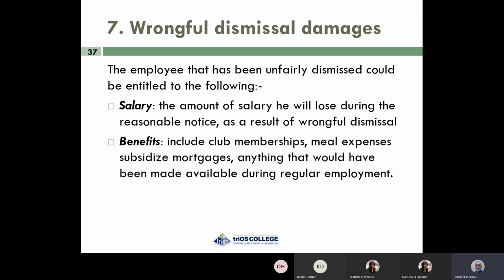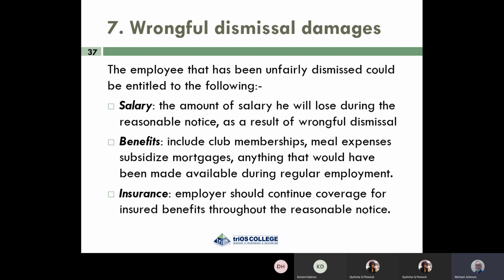And again, this individual can sue them. Usually the Board of Labor will go after them anyhow, but the benefits include club memberships, meal expenses, subsidies, subsidized mortgages, which for higher management is usually one of the issues. Also, anything that would have been made available during regular employment. There's so many things, cars, almost anything that individual is consuming or using or being provided with.